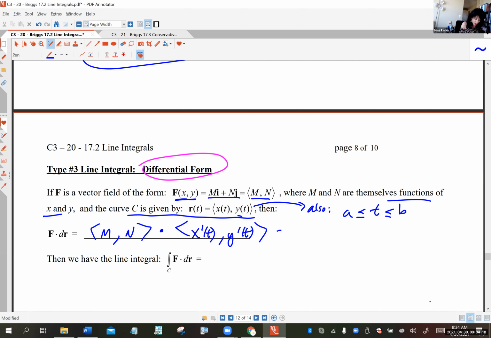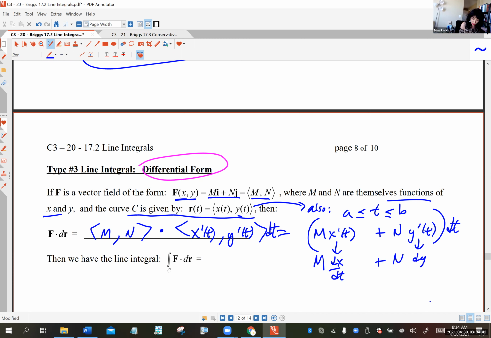So when you do this, you're going to get M x prime of t plus N y prime of t. And I should say there's a dt here also. So then I'm just going to switch notation. x prime is the same as dx/dt, and y prime of t you could rewrite as dy/dt. See this?